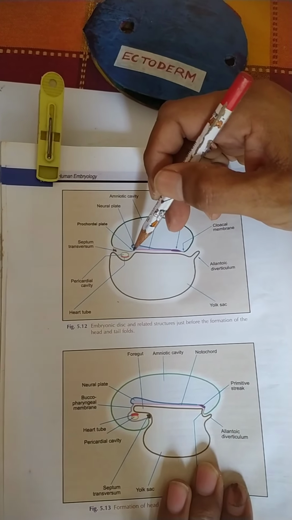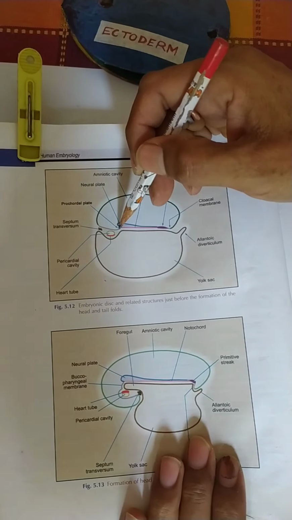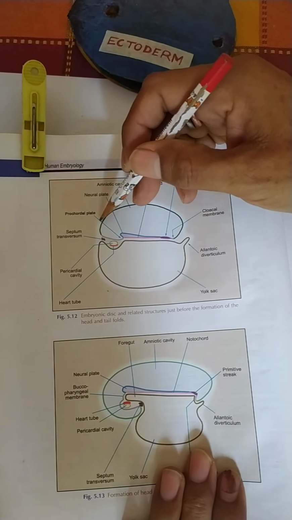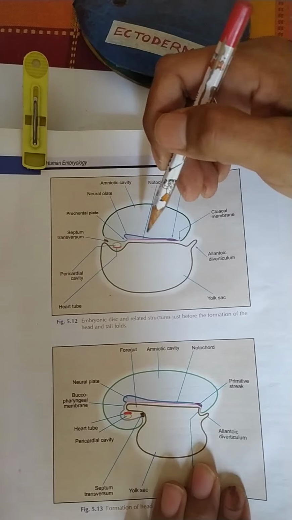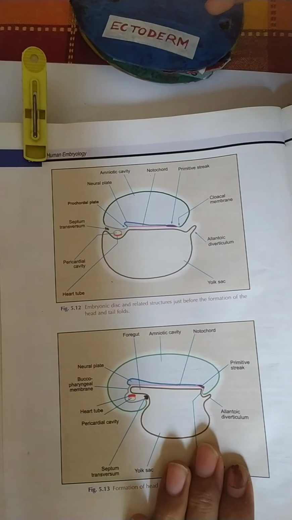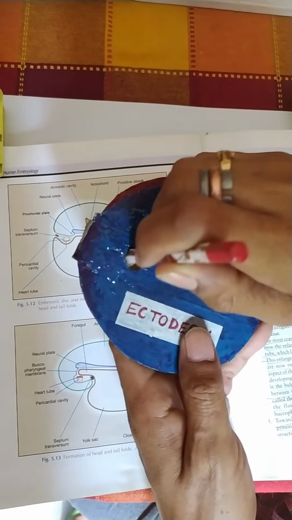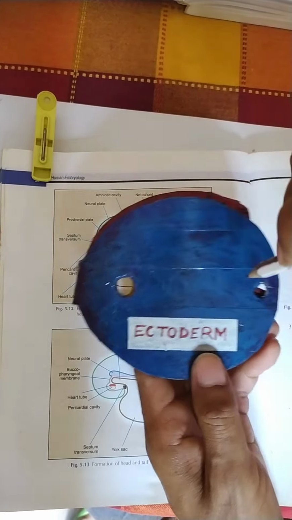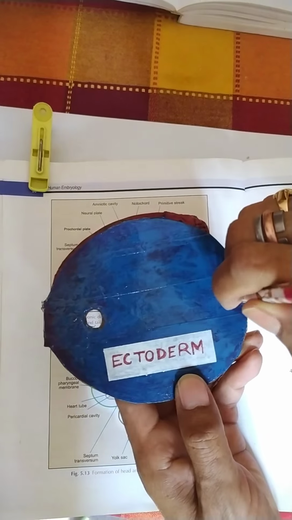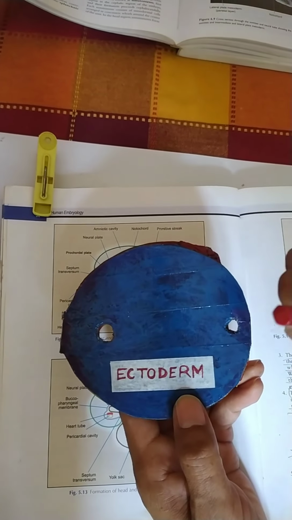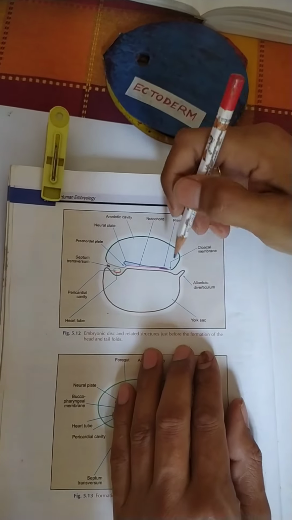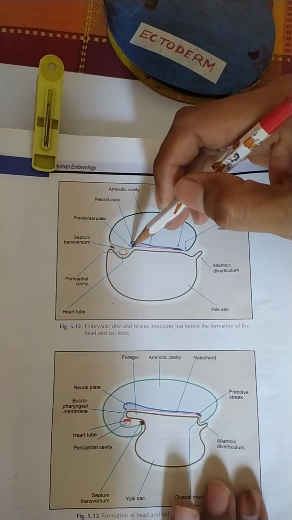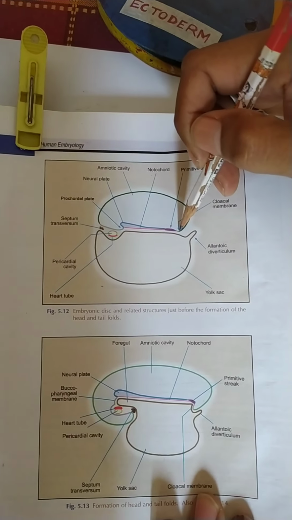Here you see the prochordal plate, as per Ebbing, but the oropharyngeal membrane as per Langman. This part is called the oropharyngeal membrane cranially in the midline, and this is the cloacal membrane caudally in the midline.